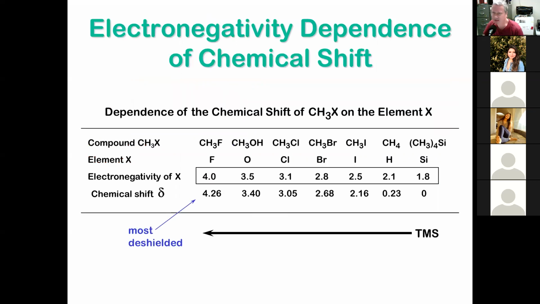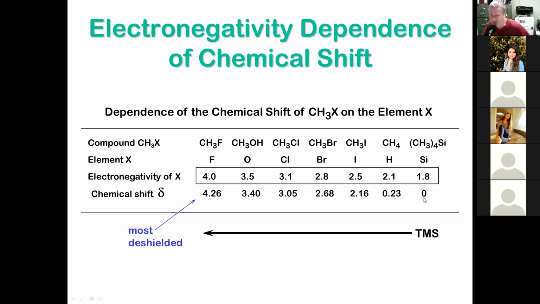This one, oh yeah, this is great. This shows a variety of electronegative atoms. So X, there's a quantitative definition of X. X is the electronegativity. And if we consider different electronegative atoms, well, there's different atoms with different electronegativities. Look at the effect on chemical shift. Silicon is very non-electronegative, right?